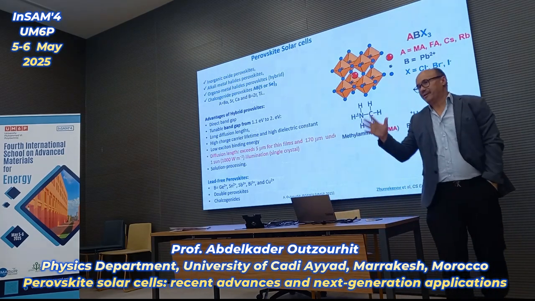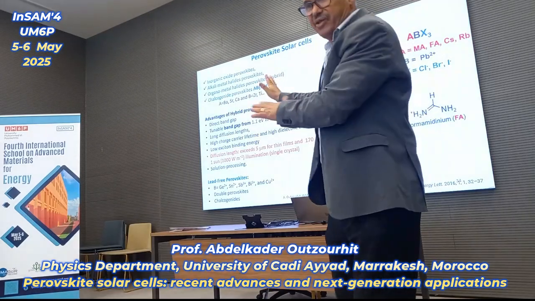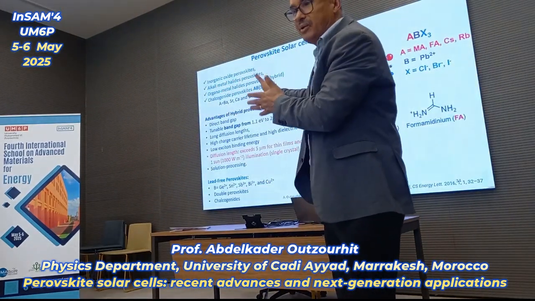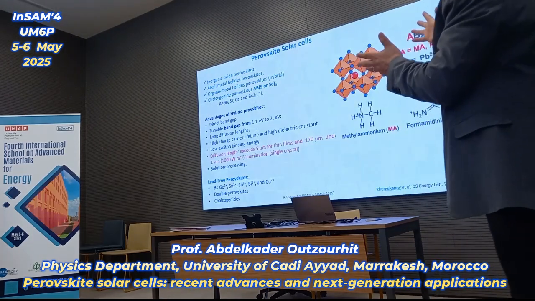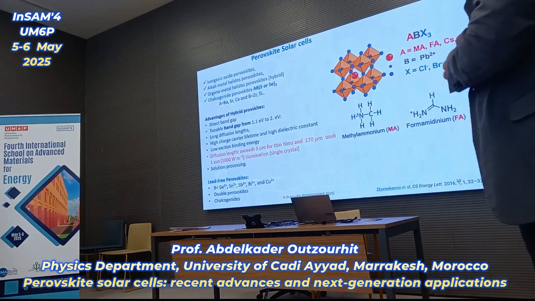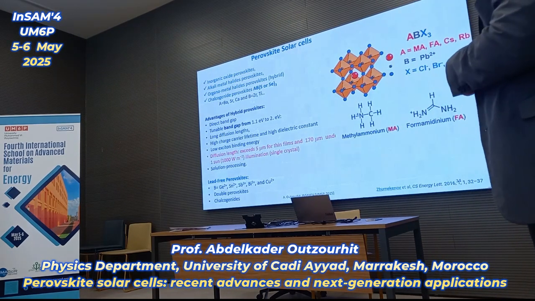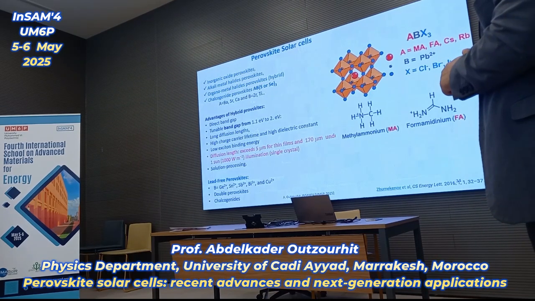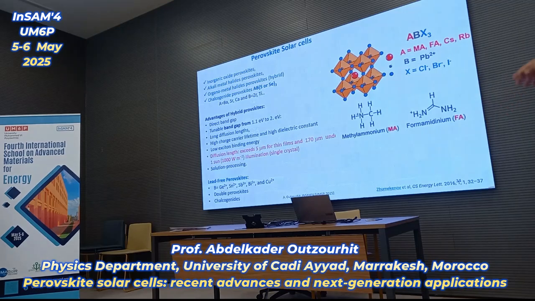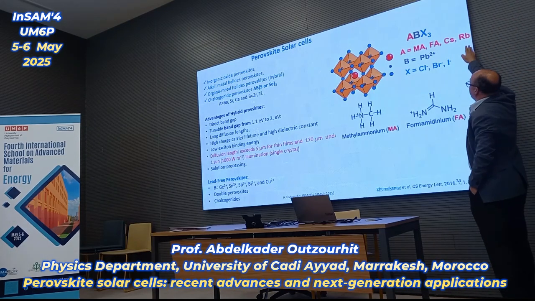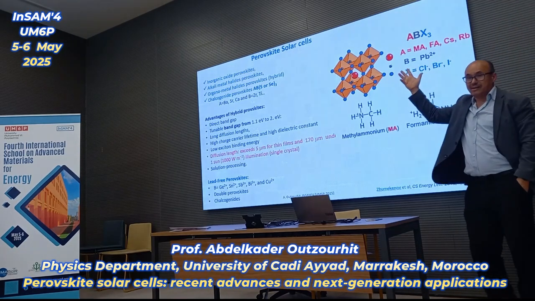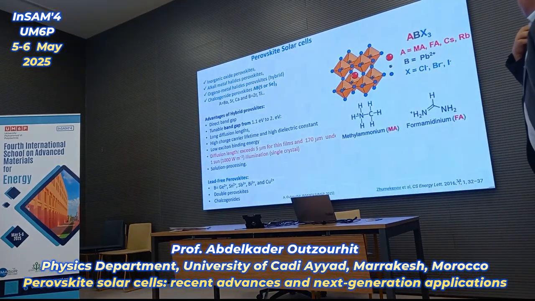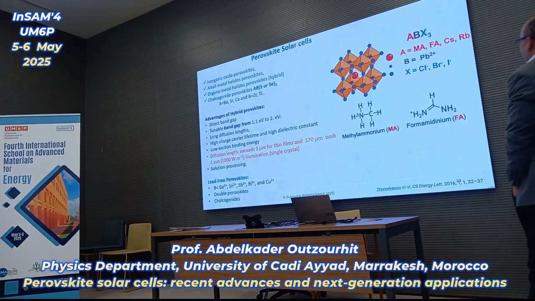So now, let me go back to perovskites rapidly, because all that I wanted to tell you about perovskite I already said, because I talked in general. What I said is also valid for perovskites. Perovskites are a type of material that have a formula ABX3, where A is usually an organic or an inorganic cation, methylammonium or formamidinium or cesium or rubidium, and B is usually a lead cation, a metallic cation, lead or tin, and X is a halide.